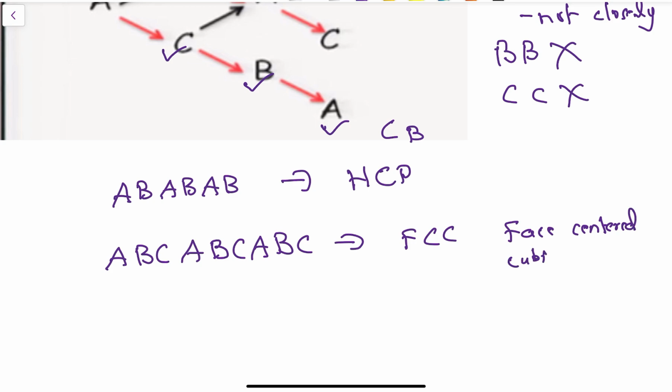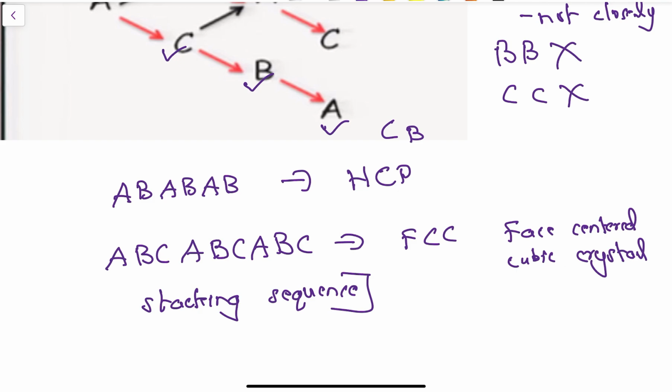We have studied these lattices in crystals and Bravais lattices. So we will study this stacking sequence in detail. So once more, this is called the stacking sequence.